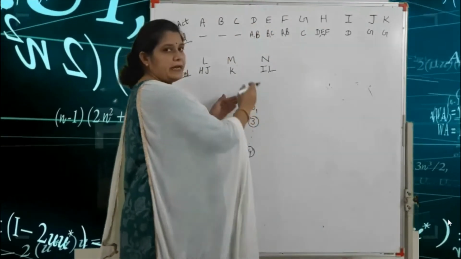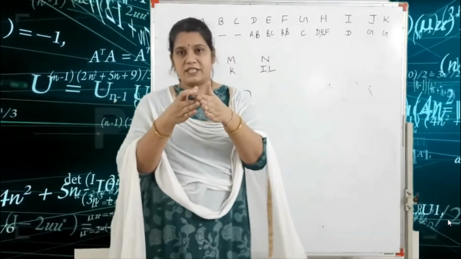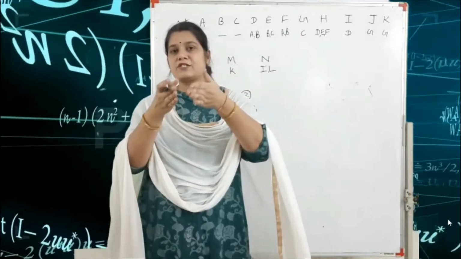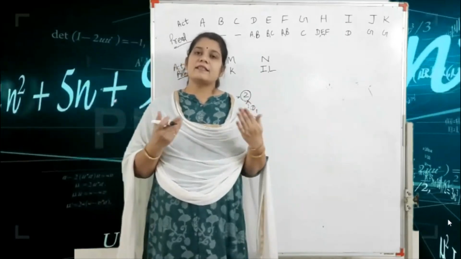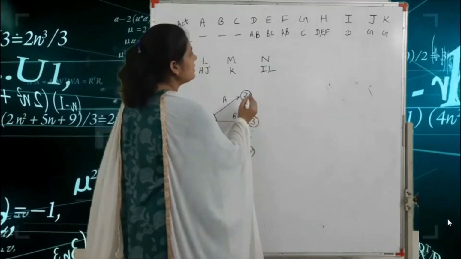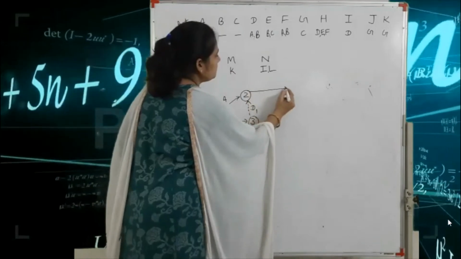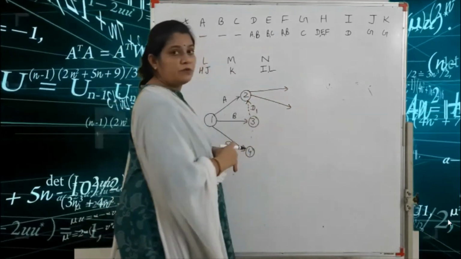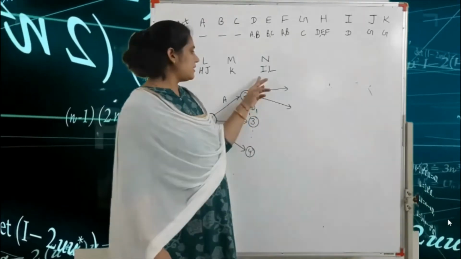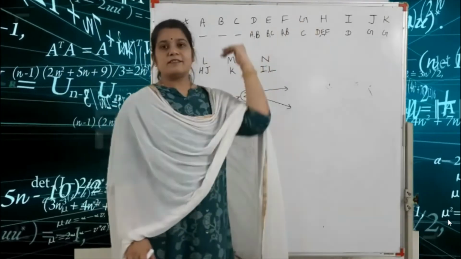That means A and B activities are completed, and this type of event is a merge event, because when two or more events are completed together, we can say this type of event is a merge event. So here we write the D and F activities, again two arrows, but we write D here or F here. So just wait, and again we check the next preceding activity.